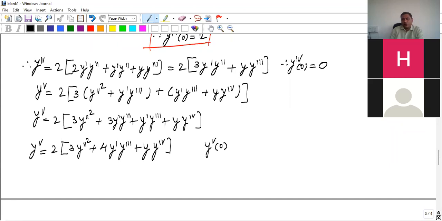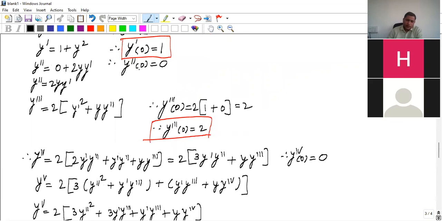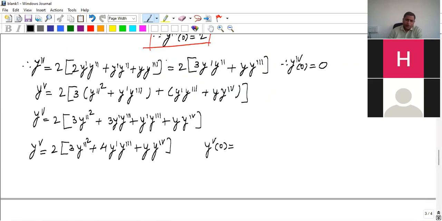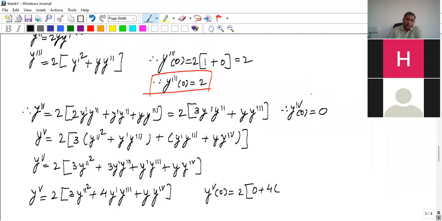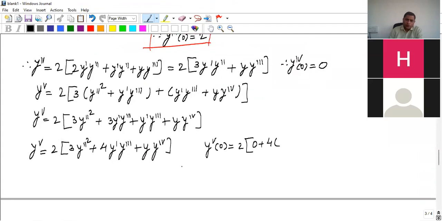Now the fifth derivative at 0 equals what? We know y double dash is 0, so this term is 0. Then plus 4 times 2 times y1. So y1 is 1 and y3 is going to be 2.